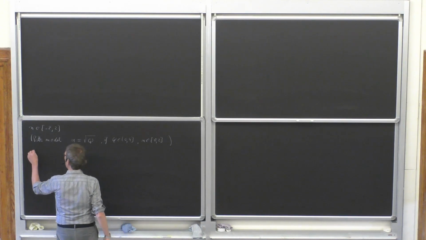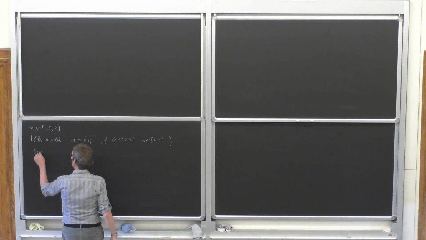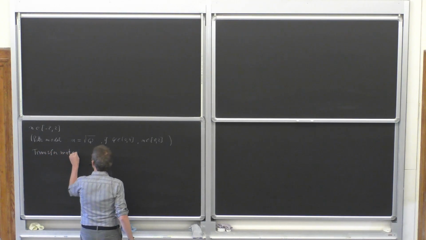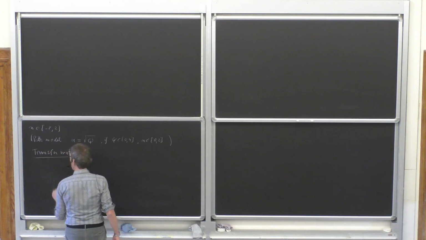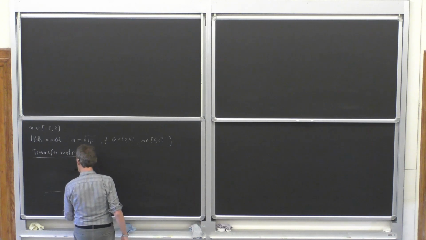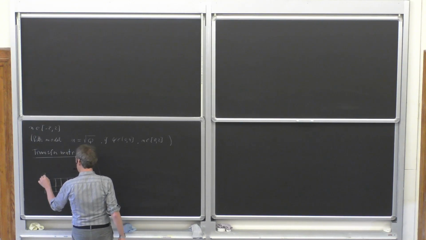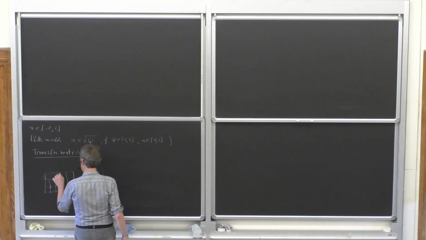So let us start by discussing something I'm sure you all know about, which is transfer matrices. What we're going to do is think now, again, of a portion of a square lattice.